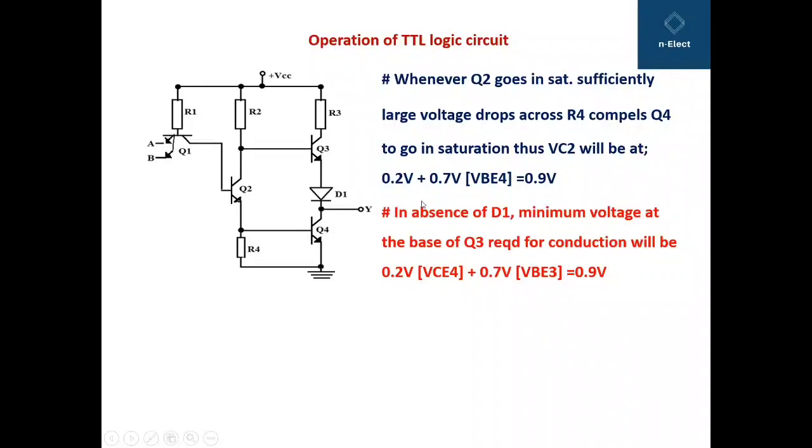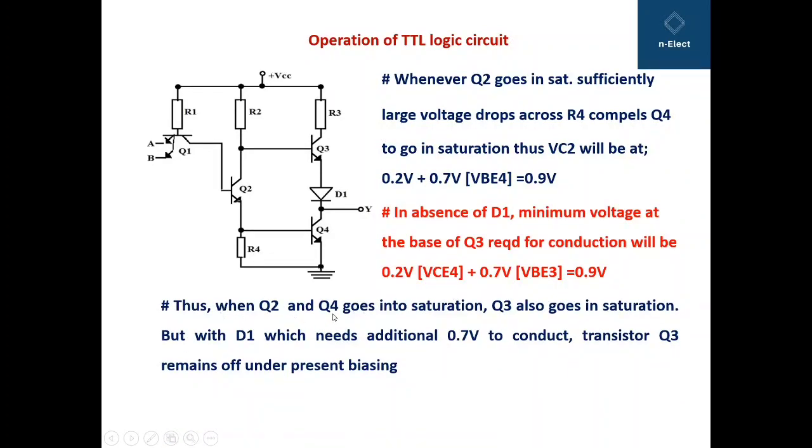In absence of D1, meaning if D1 is not there, the minimum voltage at the base of Q3 required for conduction will be 0.2, that is VCE4. VCE4 means collector to emitter voltage of transistor 4. So 0.2 volts existing at VCE4 plus 0.7 volts at VBE3, that is equal to 0.9 volt.